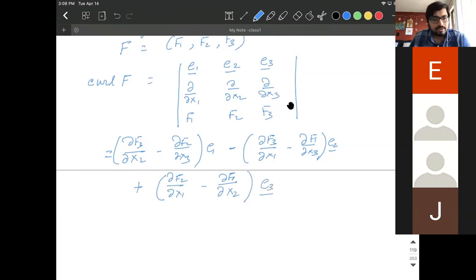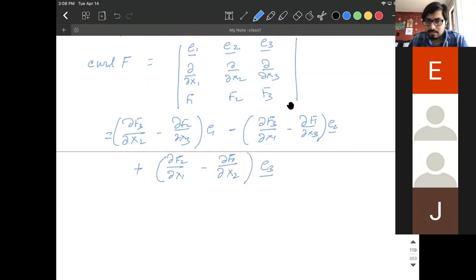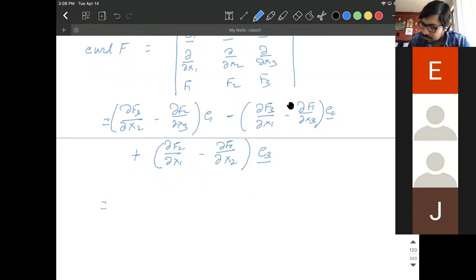So it will give you a vector. So if you write down everything completely, this is the thing that you get.